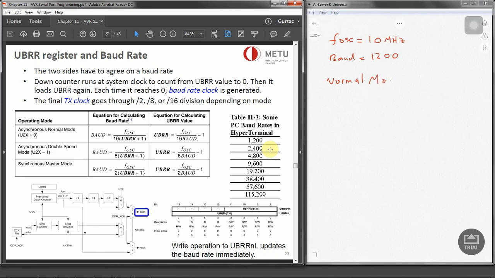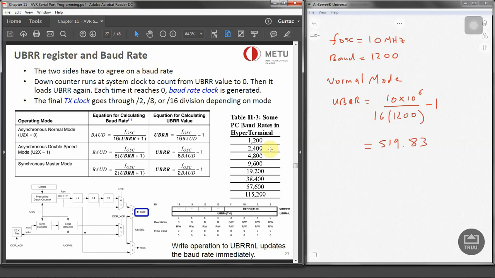So in normal mode, all we need to do for UBRR is equals 10 times 10 to the power 6 divided by 16 times 1200 minus 1. And this is actually going to give us 519.83.